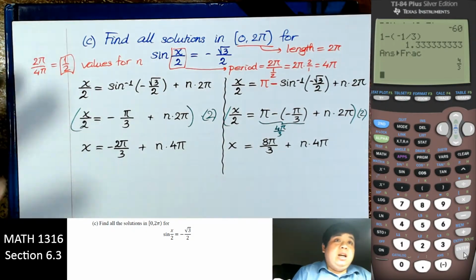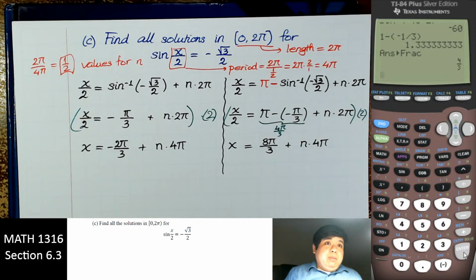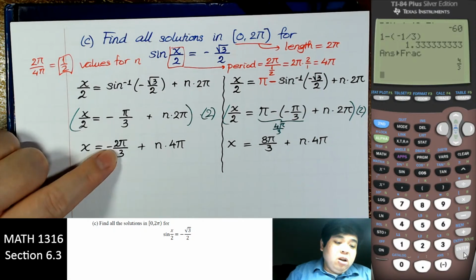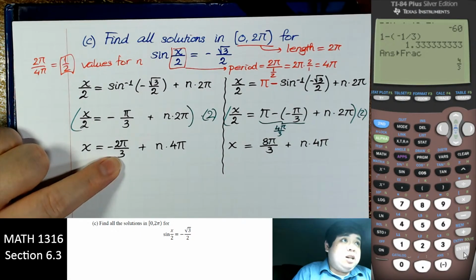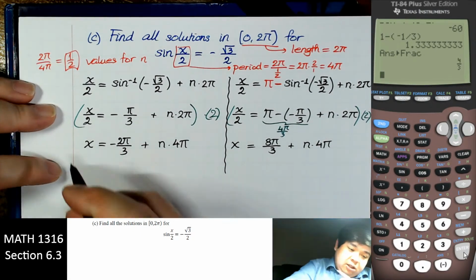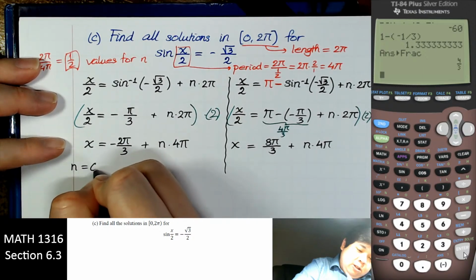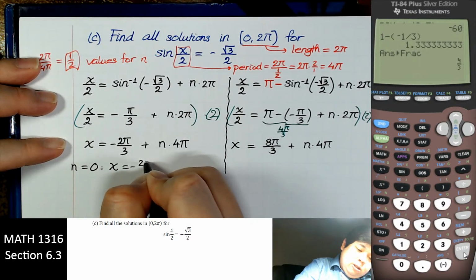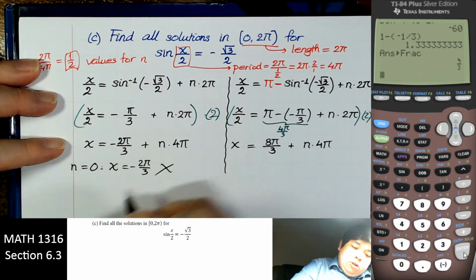What does that mean? That means that n can be equal to 1 and can be equal to 0, but we have to be very careful with it. First of all, when n equal to 0, it doesn't work. So that doesn't work.